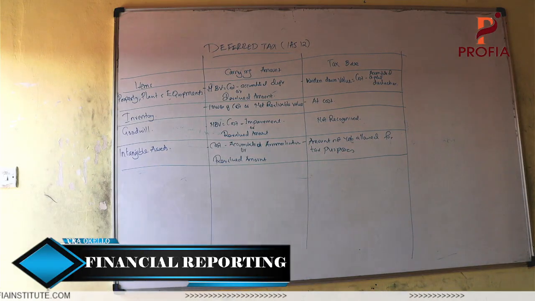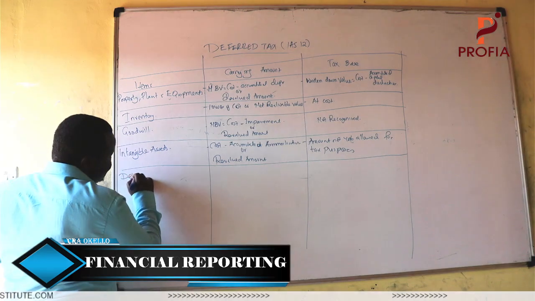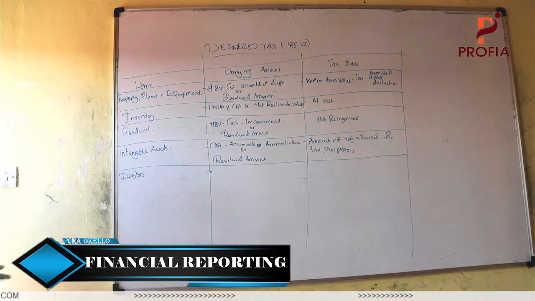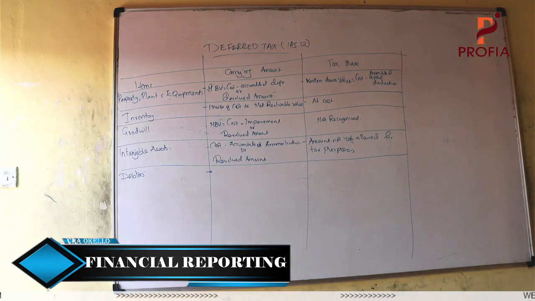Now debtors. How do you buy debtors? Debtors is also a financial asset, but because of its uniqueness in time, we will be looking at financial assets in a later module. What were we doing?